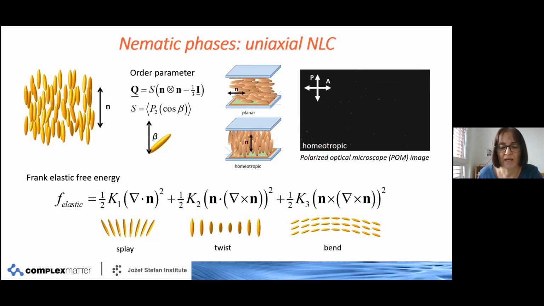The ground state of the usual uniaxial nematic phase is a uniform alignment of the director, which makes it easy to prepare well-aligned layers of nematic liquid crystals between two glass plates, as for example planar, which means that the director lies in the plane of the layer, and the direction of the director is determined by the rubbing of the surface of the glasses.